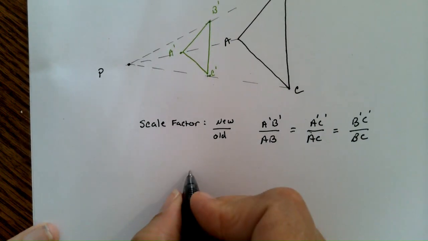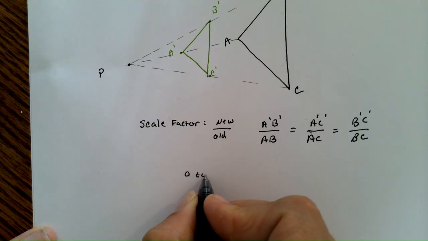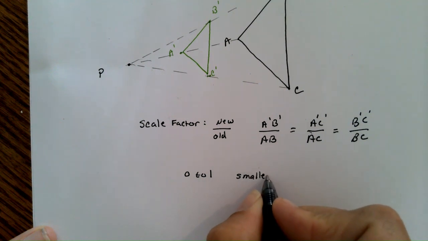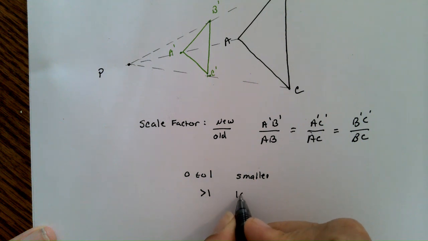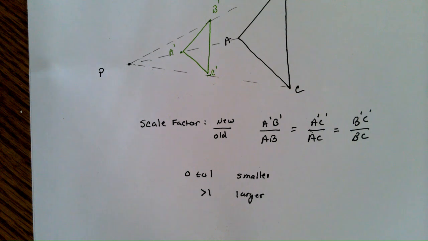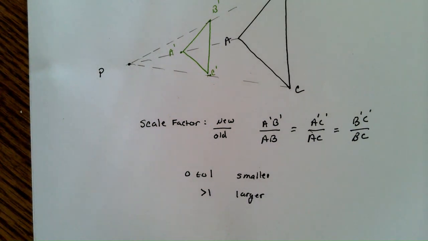If your scale factor is between 0 and 1, it will get smaller. And if it's greater than 1, it will be larger. I say 0 to 1 instead of strictly less than 1 because I don't want to talk about negatives, negatives are not a thing with that.